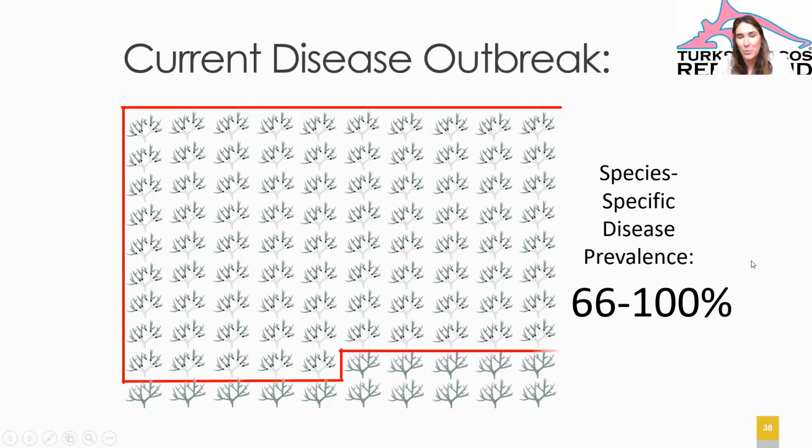So for example, the Montastrea cavernosa, that MCAV, on that dive site Driveway, we can now assume that 66 to 100% of the MCAVs will get this disease, if they have not already, within X amount of years. Remember, Florida is now on year 6 of dealing with this outbreak.